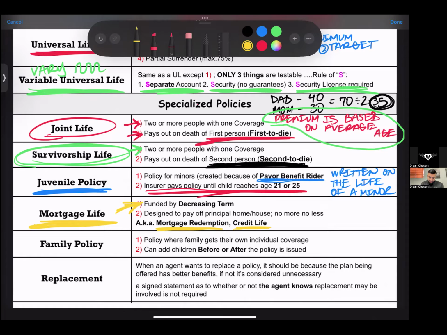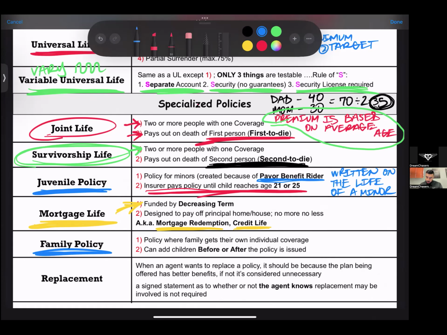All right, next and finishing up here is a family policy. So a family policy is a policy where the whole family will be covered on one life insurance policy. Okay. So family is on one whole policy.